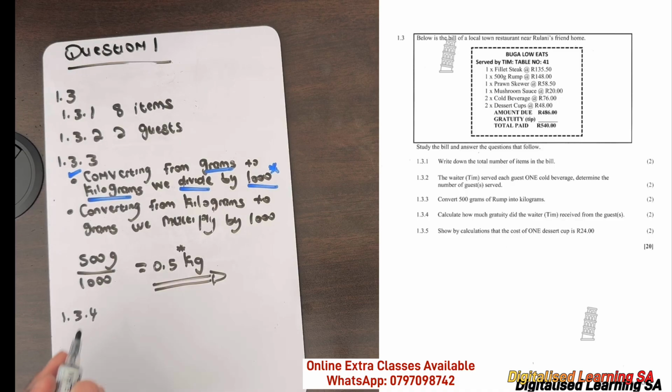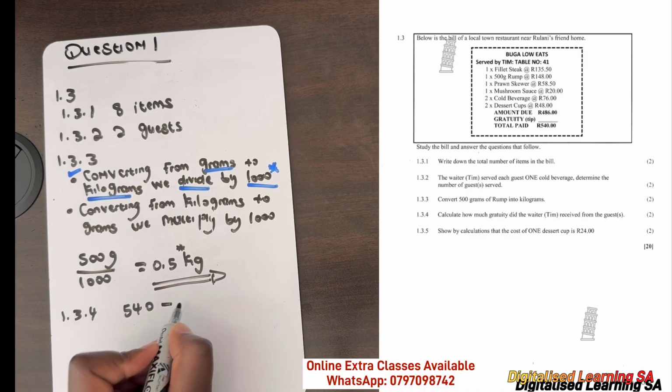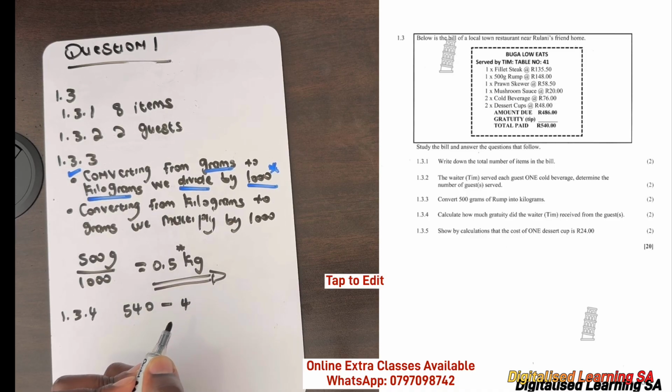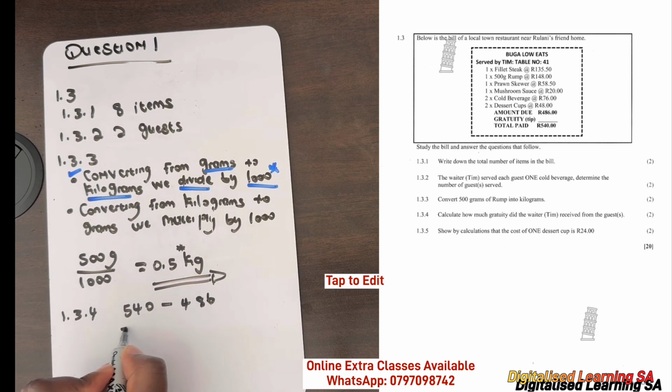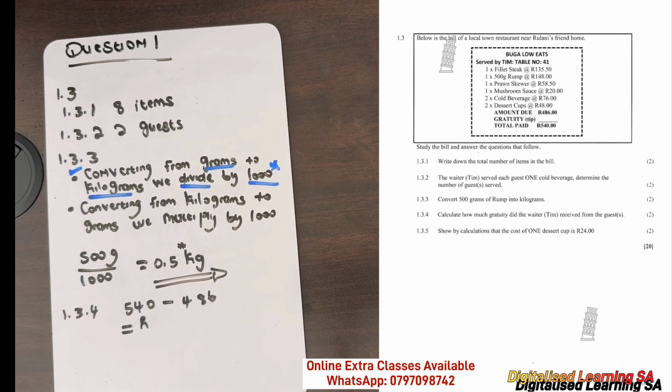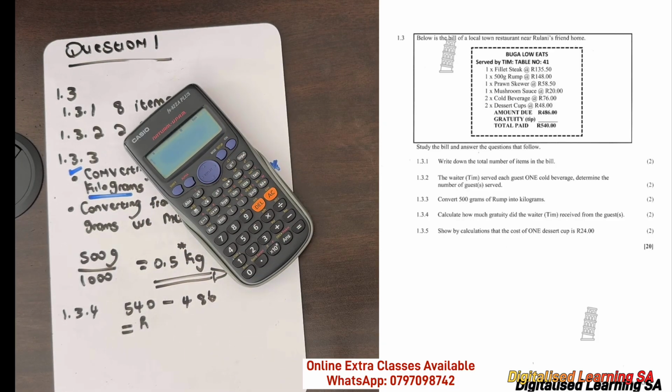We can see that the guests paid 540 in total, but the bill was 486, meaning that the tip is just the difference between the two.